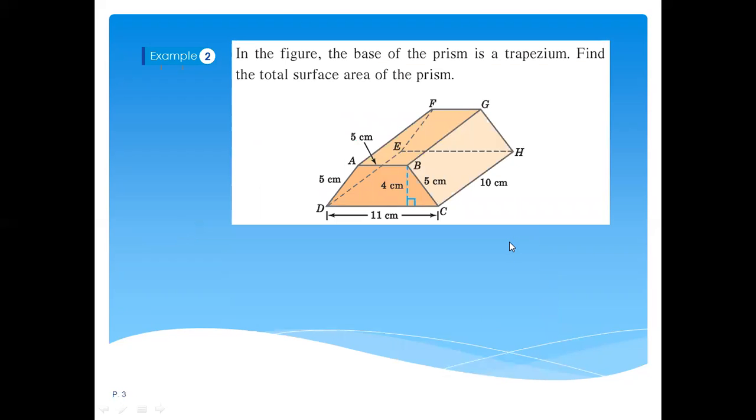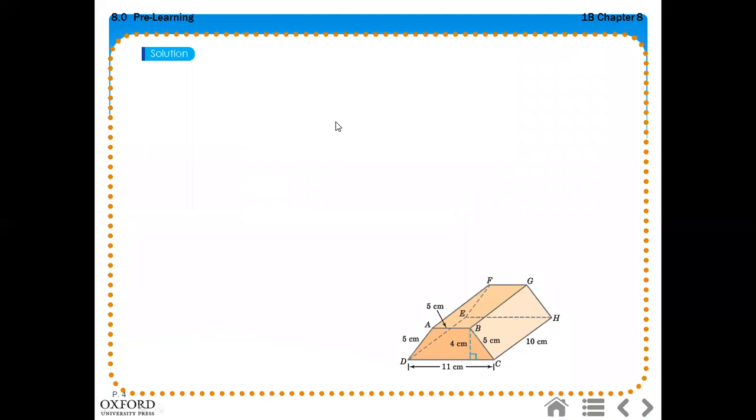Okay, let's try another one. Here the figure shows you a prism with the base is a trapezium. Find the total surface area. So how many surfaces are there? There are 6.